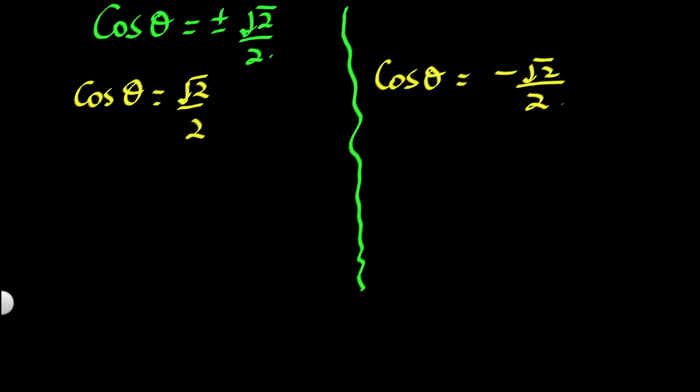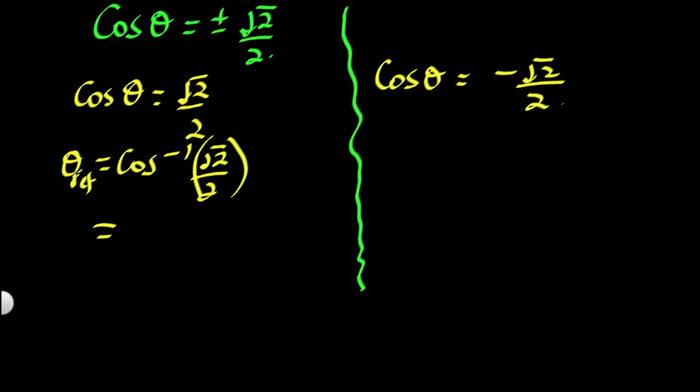On the left hand side, it means theta equals arc cos of root 2 over 2. Now I'm using the arc function, which is step number 3. What I get from here is my reference angle, theta ref.